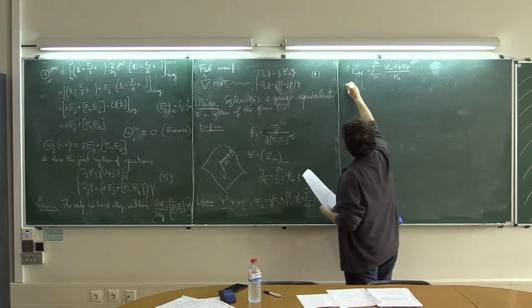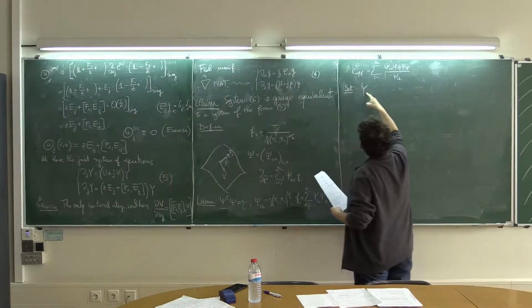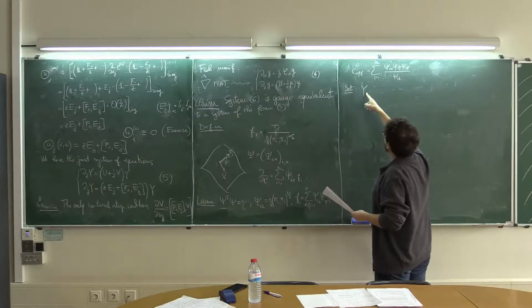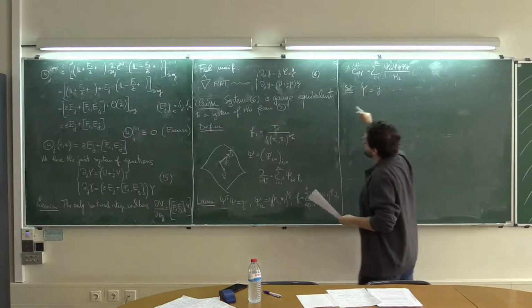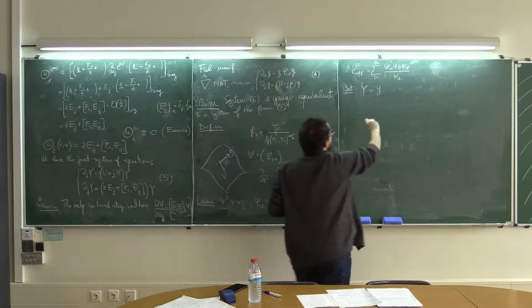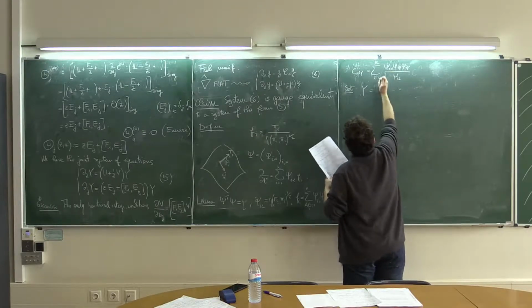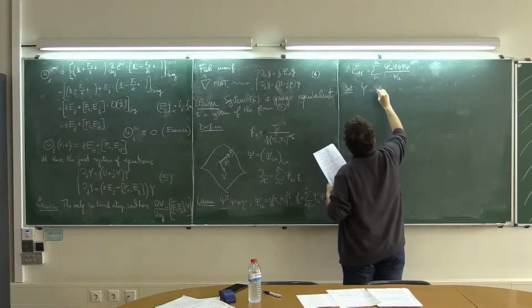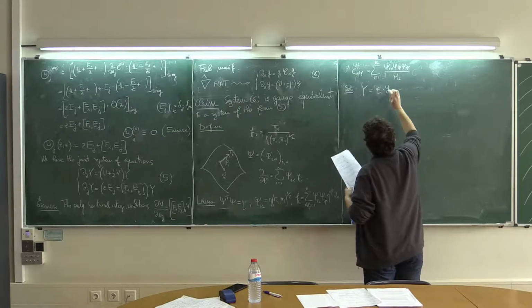Now, if you set Roman y to be equal to curly y, this curly y, times, pardon, it's a gauge equivalence, so now multiplication is on the left: psi times y.